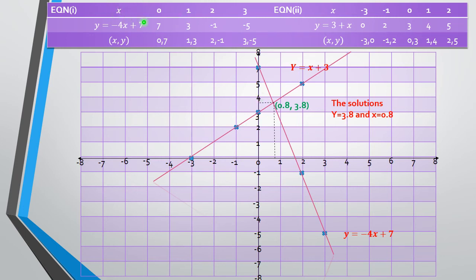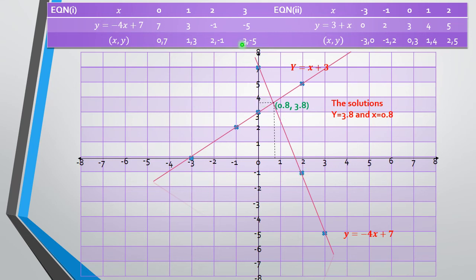Here, from the table before, we had 0 and 7. So 0 and 7 is at that point. Then we have 1 and 3. 1 and 3 is here. And then we have 2 and negative 1, down here.